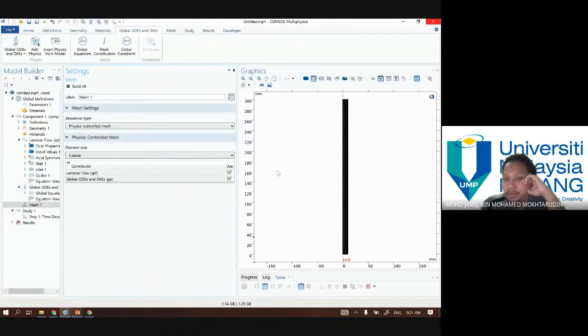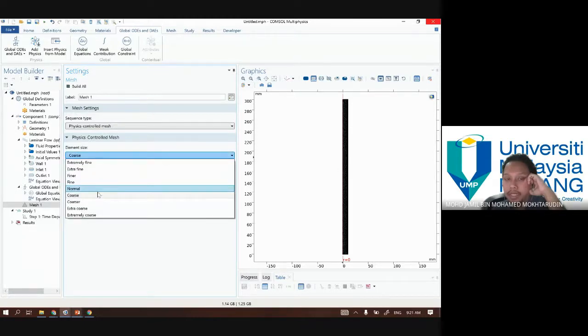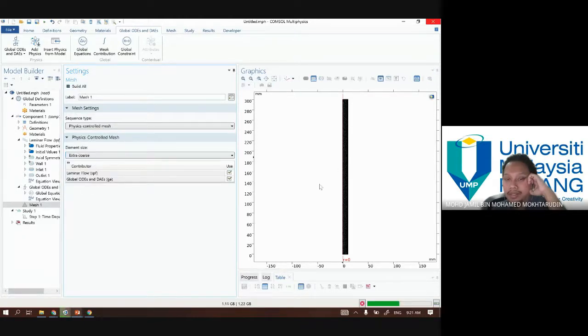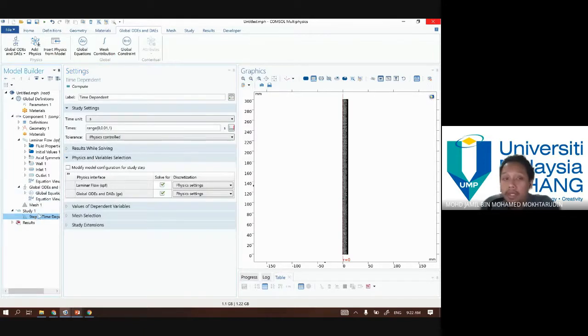So I change the mesh to coarse. Even this mesh seems like quite a lot. But later you can try using normal mesh. After we set the time range, then just press compute.